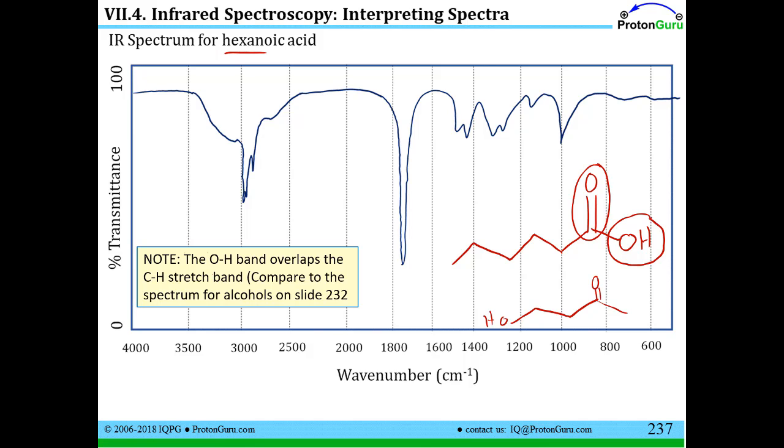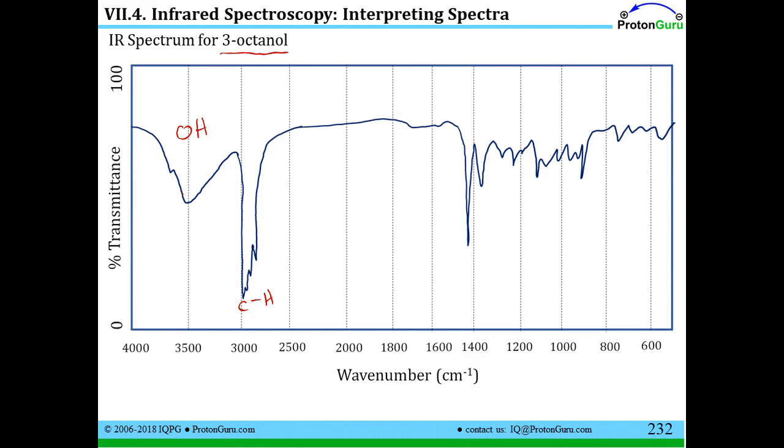Well, what does the OH peak look like in a structure that has an OH that's not part of a carboxylic acid? Well, we've seen an example of that. So in 3-octanol, we see that we have this big peak. It's around 3500. And separate from that, we see the CH stretches at around 3000.